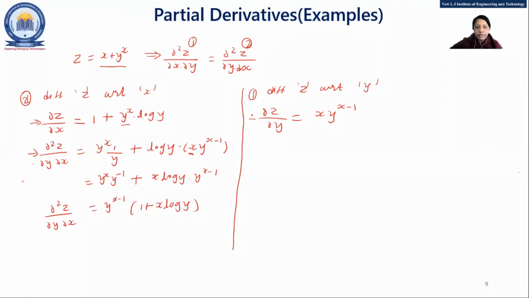This is my first step. The second step would be del square z upon del x into del y. I am writing directly, right? So now differentiation with x. Who is supposed to give the answer? Guys, today's session is interactive only, right?